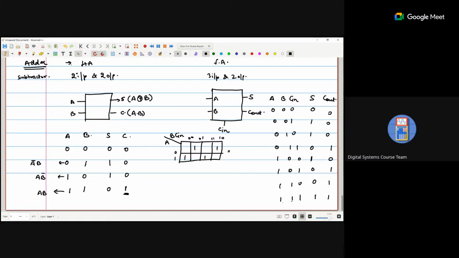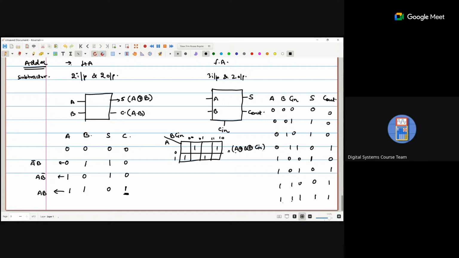You already know this is the equation of A XOR B XOR C. If you don't know this particularly, each term will be individual. There is no group.